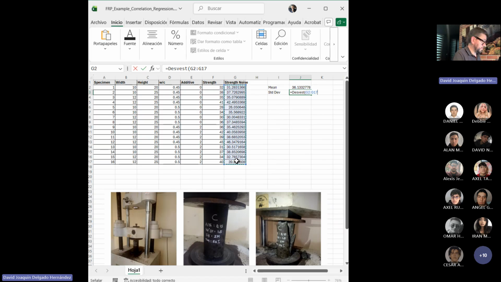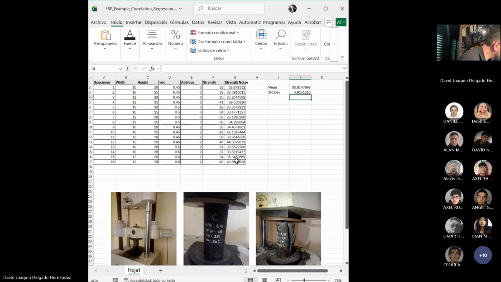So these values. You close the parentheses. Okay, that is the standard deviation. Okay, perfect.